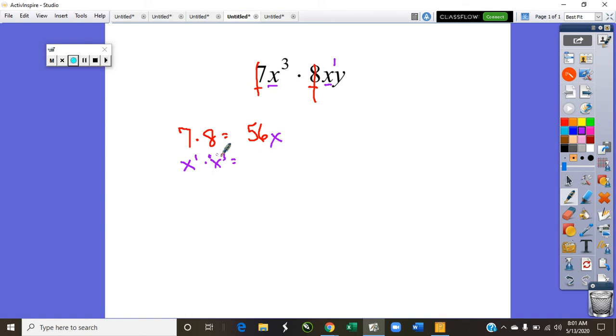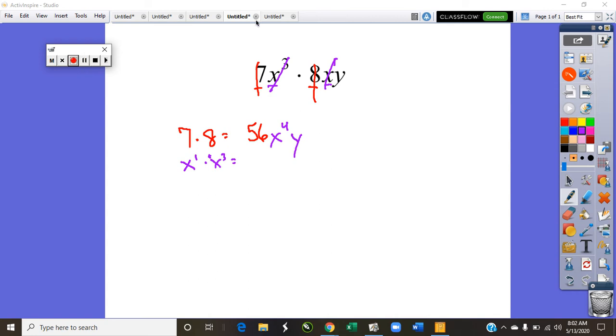You add those together, remember. So I have x to the fourth. What's the only other thing up there? The y. And there's nothing to combine that y with. So I just have 56 x to the fourth y. I hope that makes sense. It's pretty simple, as long as you take care of those coefficients first.